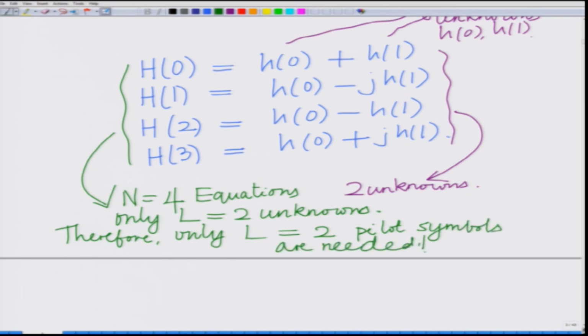This is in fact a very interesting observation. Since there are only two unknowns, we need to transmit only two pilot symbols. There are capital L unknowns, where capital L is the number of channel taps, so you need only capital L pilot symbols, and the remaining N minus L subcarriers can be loaded with information symbols. This is the interesting aspect that we are going to explore now.